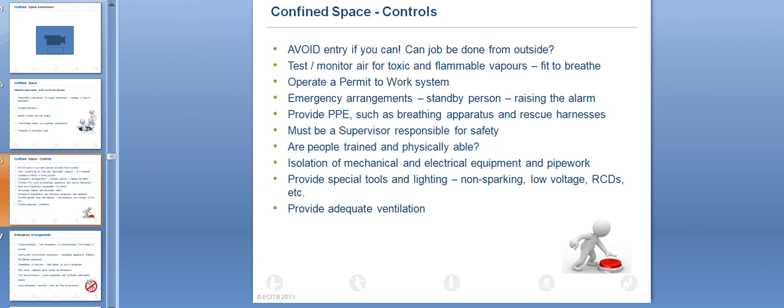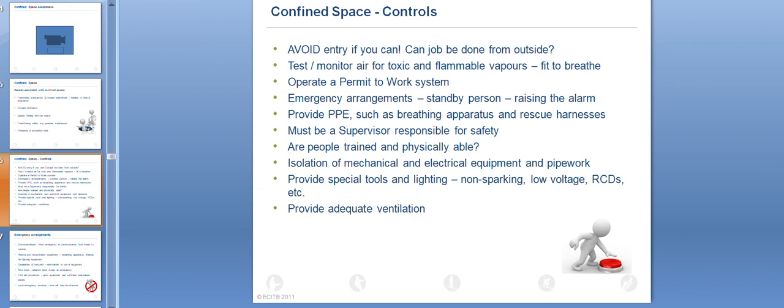So, confined space controls: avoid entering if the job can be done from the outside. Test and monitor the air for toxic and flammable vapors. Operate a permit to work system, with emergency arrangements, a standby person to raise the alarm, and PPE such as breathing apparatus and rescue harnesses.